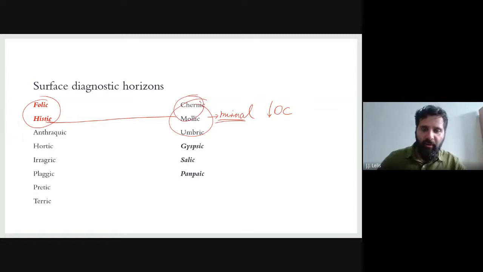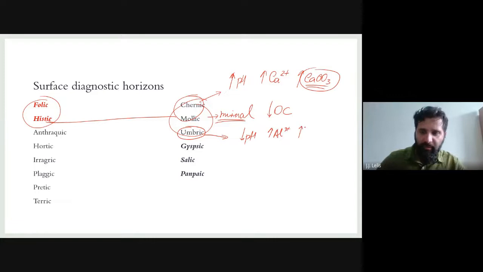These two are related to a high pH and a high content of calcium, especially calcium carbonate. And this horizon is associated to a low pH and a high content of aluminum and hydrogen. Okay. And now we have to talk about these three surface diagnostic horizons.